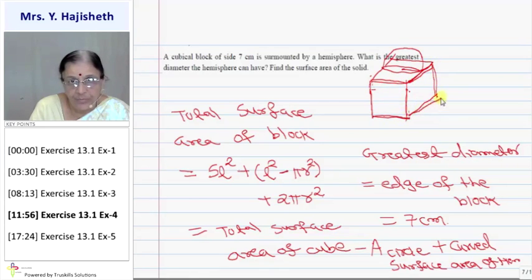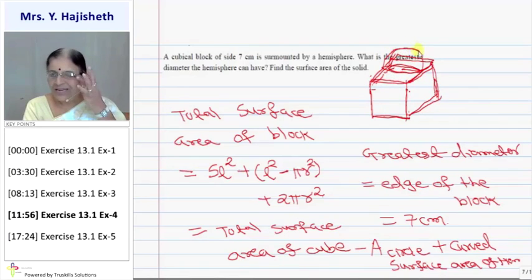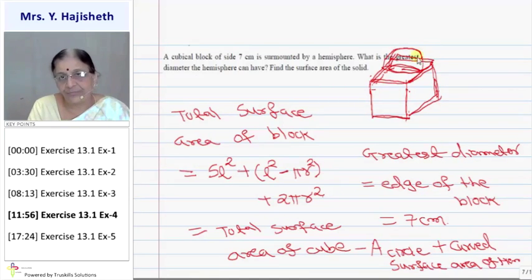And what is given on top of the cube? On the upper surface you are given a hemisphere like this. This is a hemisphere, okay? Radius of the hemisphere is half the length. Clear?